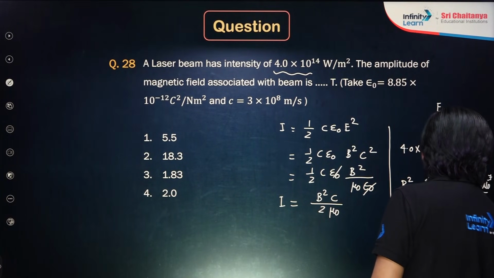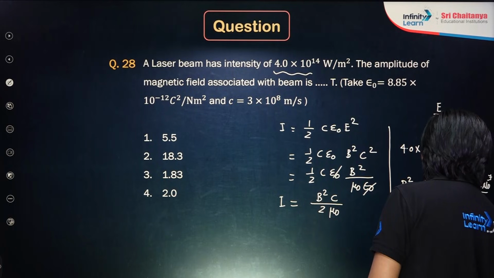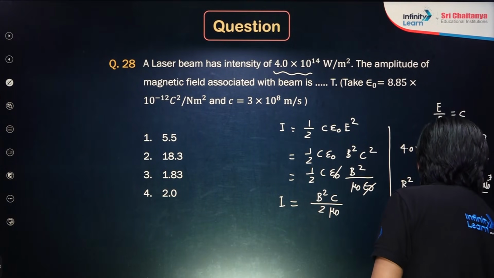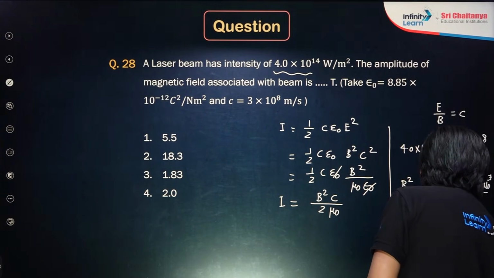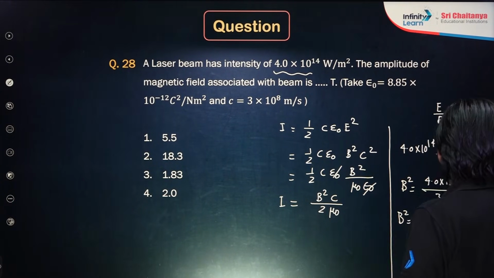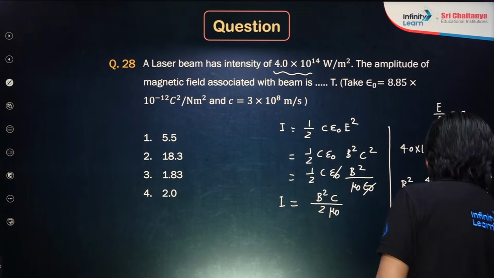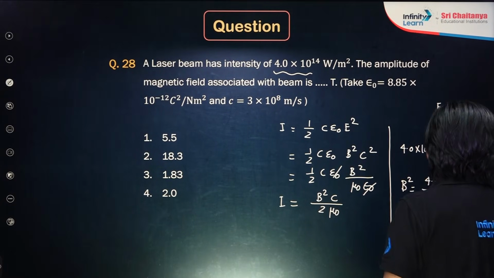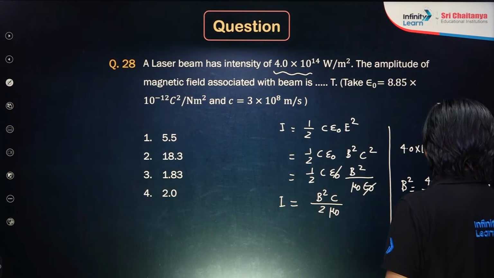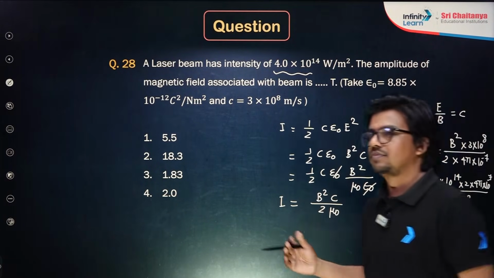So you can have 4 into 0.314. 32 divided by 3 into this 0.314. Okay, and you can easily do that, around 10.7. Okay, so B square is actually equal to 10.7 into 0.314.